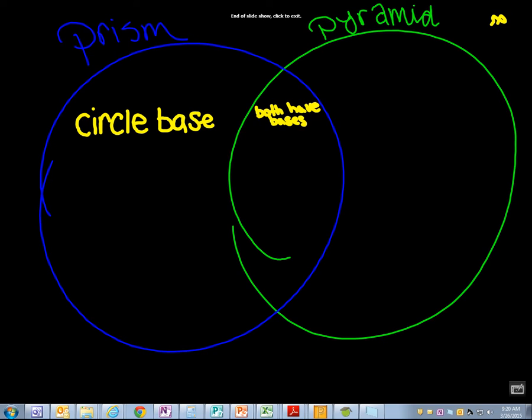Okay. Circle base on prism. Is a cone more a pyramid or a prism? Pyramid. But can a prism have a circle base? So where should it go? Yep, in the middle.